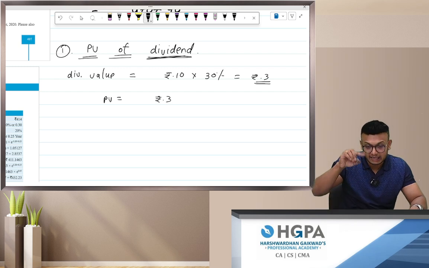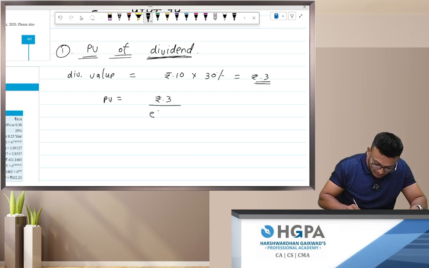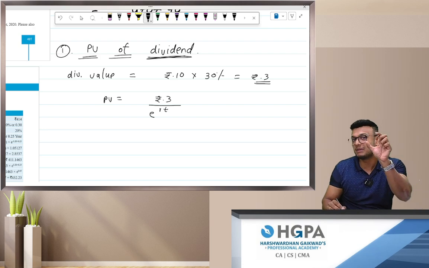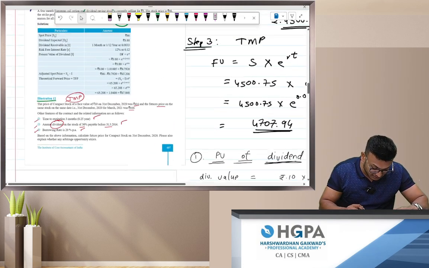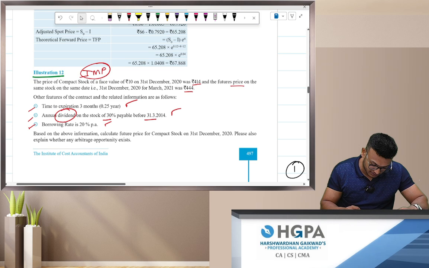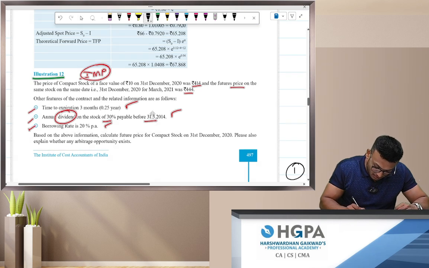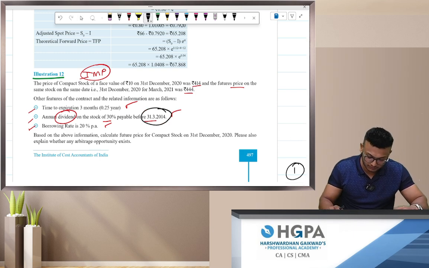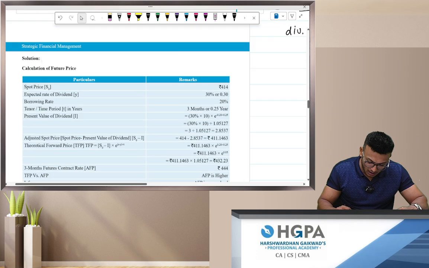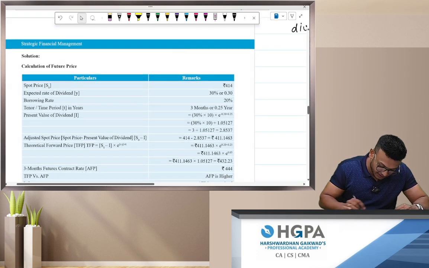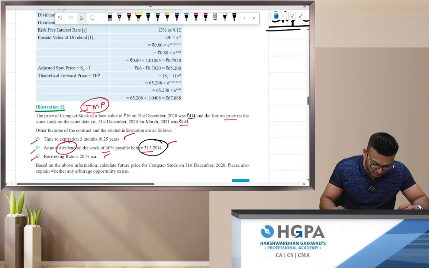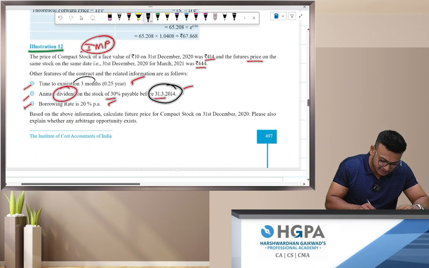Whenever present value is there, divide by e raised to rT. Please see the time to expiration of dividend. When will the dividend be received? Before 31st of March, so it is 3 months.